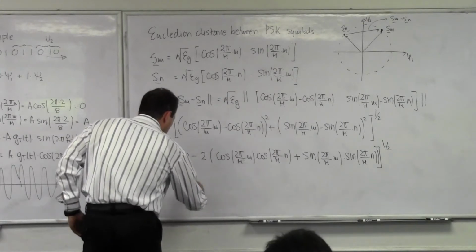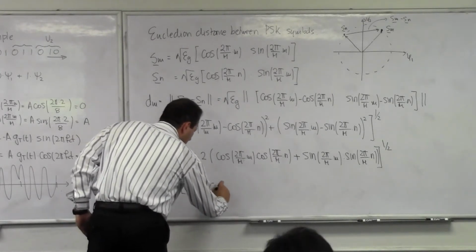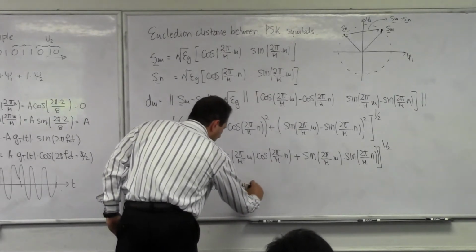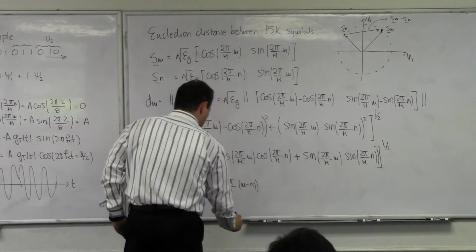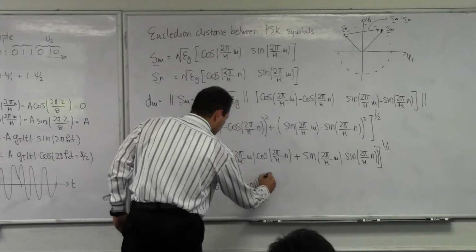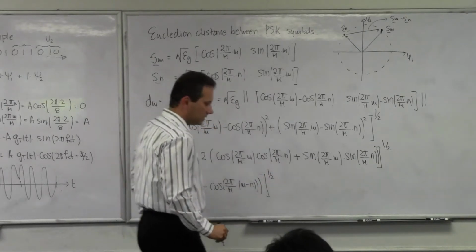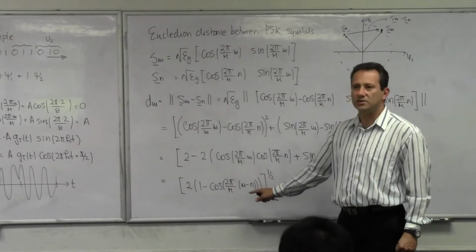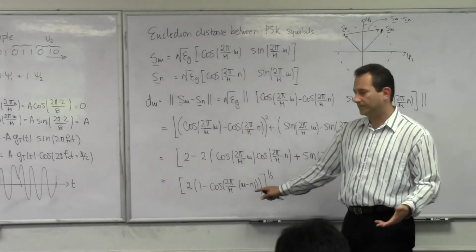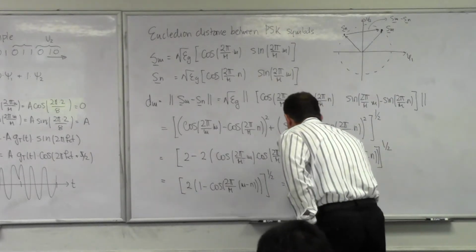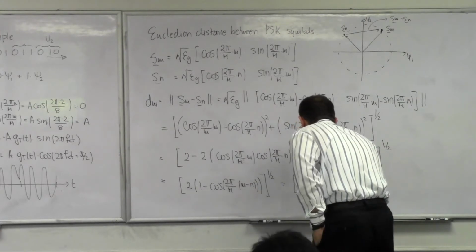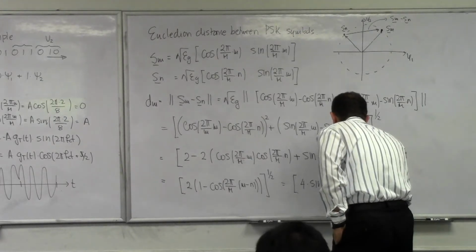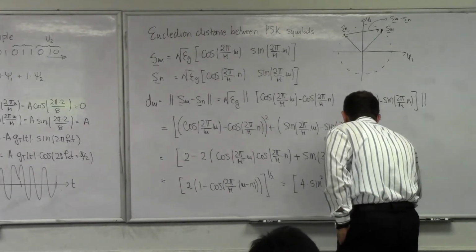So I simplify this as 2 times 1 minus cosine 2 pi over M times m minus n, right? And there are a lot of parentheses here on top. But I can take this a couple of steps more. 1 minus cosine is 2 sine squared of half of the angle, right? So this becomes 2 times 2, 4 times sine squared of pi times m minus n over M. Take the square root of that.